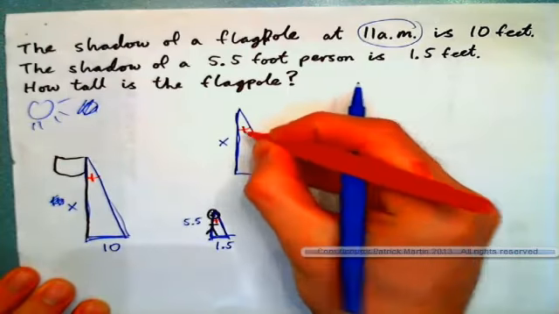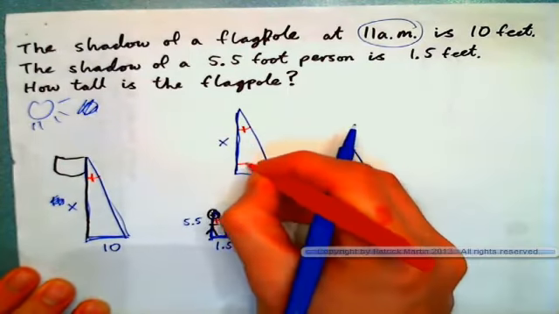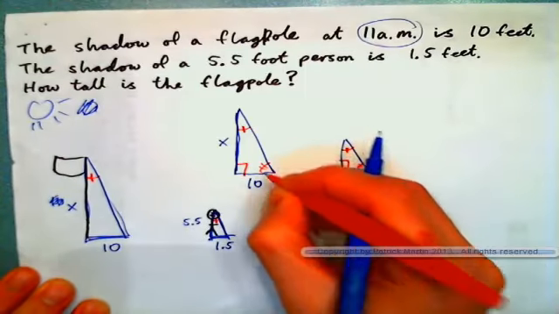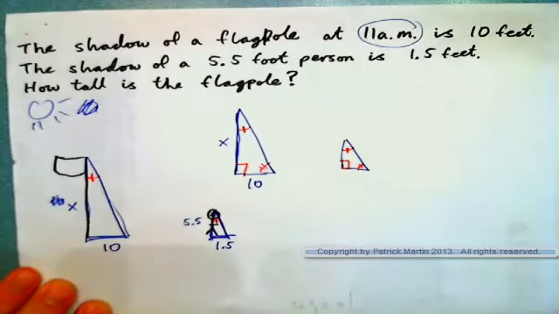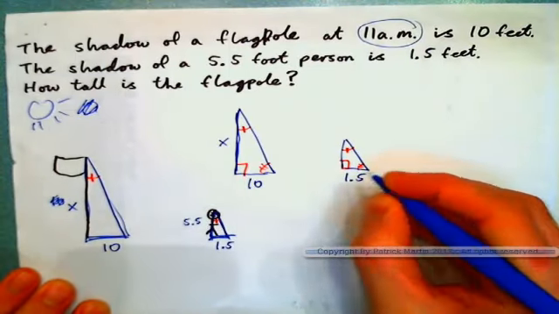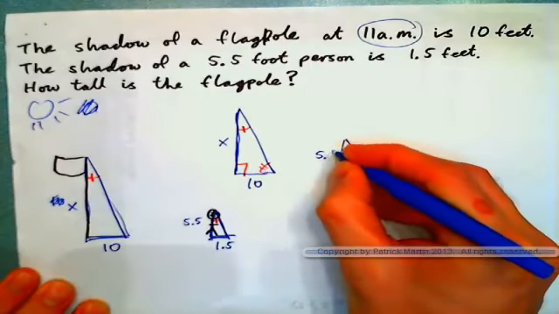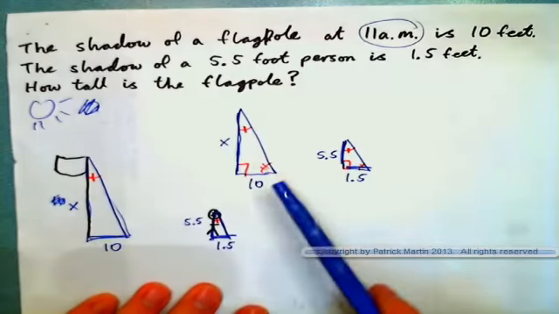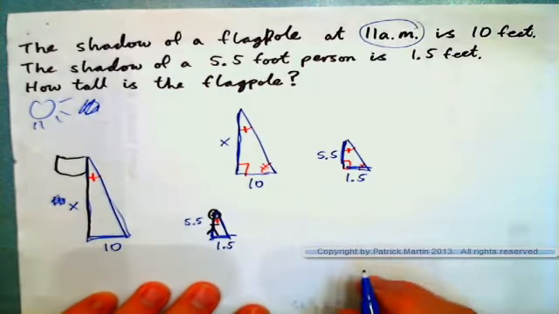These angles are the same here, and they both have a right angle, so this third angle has to be the same also. So these two triangles are similar figures. They are the same shape. This is a length of 1.5, and this is a length of 5.5 here. And so we can use a proportion to get the height of the flagpole.